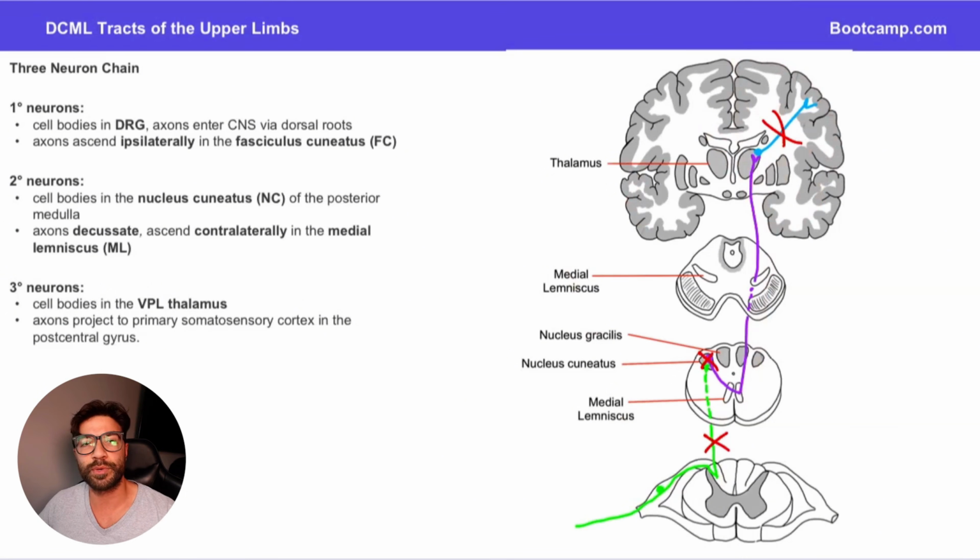In that case, we would also see an ipsilateral effect because this portion, the nucleus cuneatus, is the portion before the point of decussation. So if the lesion is on the left nucleus cuneatus, we're also going to see left sensory deficits in our patient. So that's going to be ipsilateral. If it was here, then we would see contralateral sensory deficits.